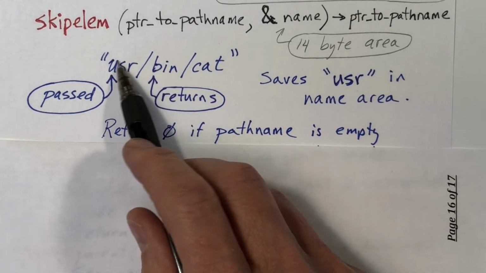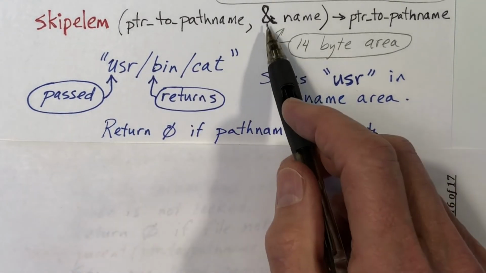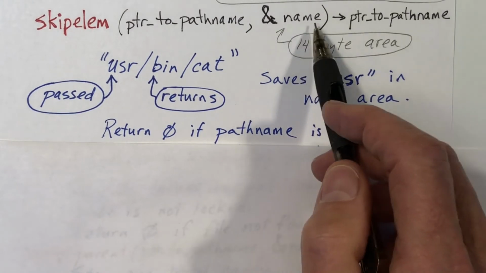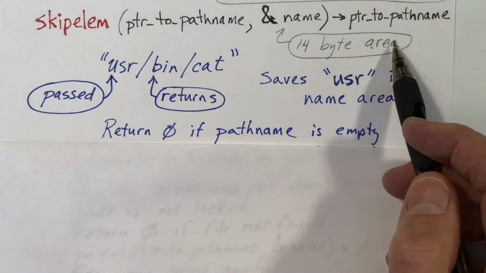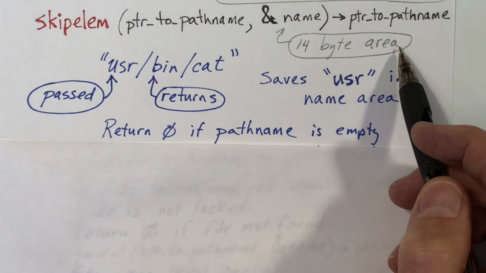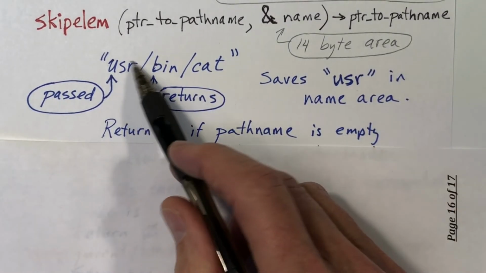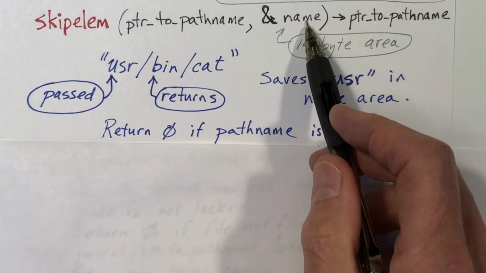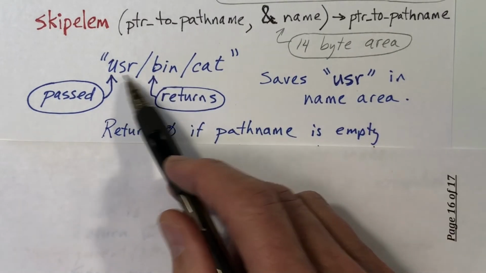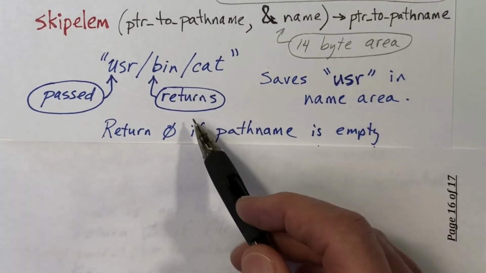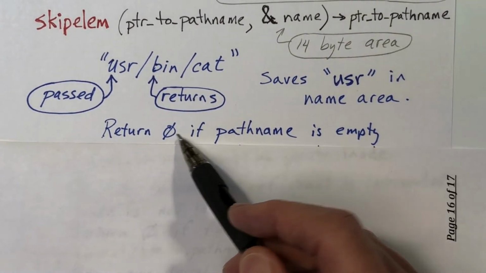It will also save the first file name, so the second argument is a pointer to a 14-byte area. Remember that file names can be at most 14 characters, and it will save the first component in that area. If there is no file name in the path, then it will return null.